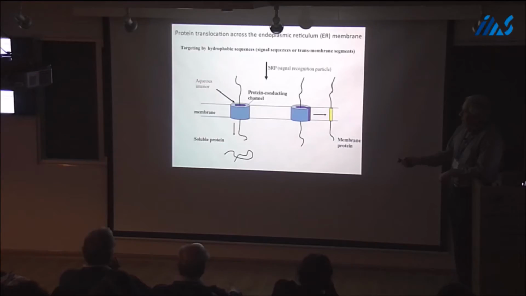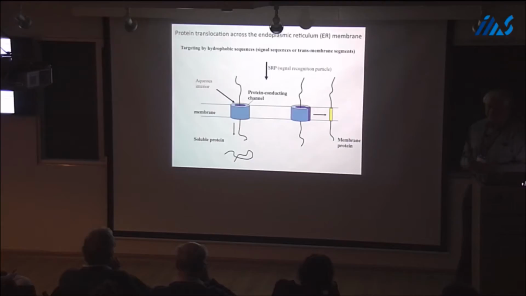During this process, proteins are moved through a protein-conducting channel, and either end up on the other side of the membrane, as in the case of a secretory protein, or in the case of a membrane protein, when a hydrophobic segment, shown here in yellow, arrives inside the channel, it moves sideways out into the lipid phase and generates extracellular and intracellular segments of the membrane protein.